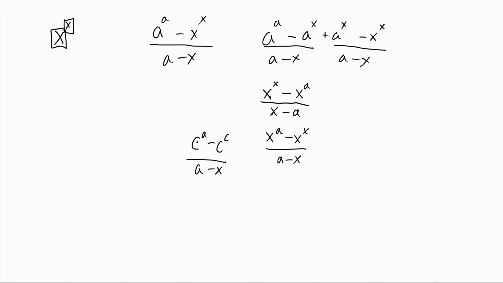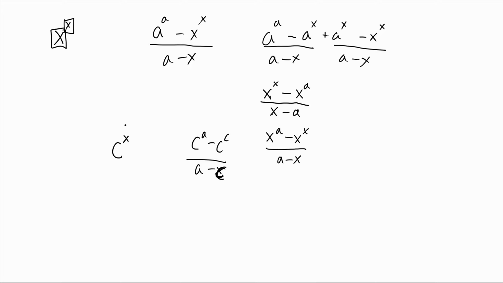So on the graph, this a is changing to that c, right? It looks like that's the curve of y equals c to the x, and the input, a in particular, is heading in close to c.